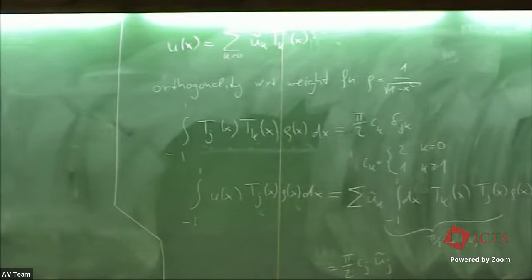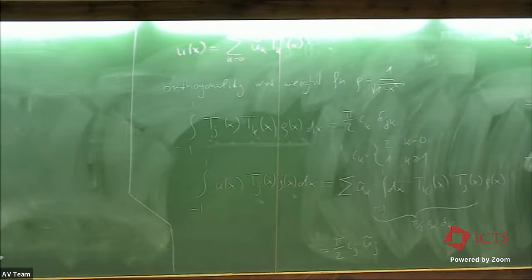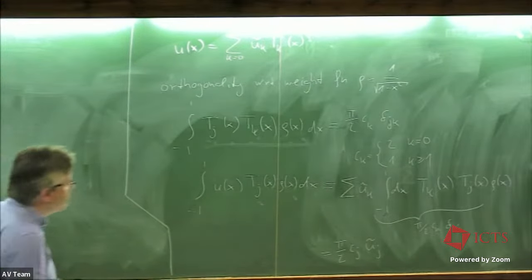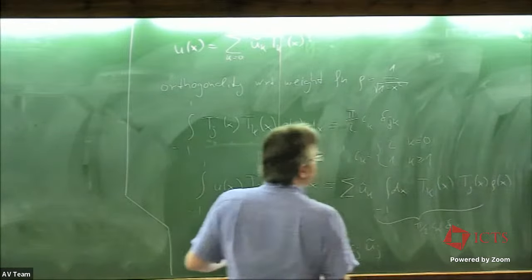For the opposite way, we're going to use our orthogonality conditions. So let's see how we do this. We start with this expression down here, and now we are multiplying it.